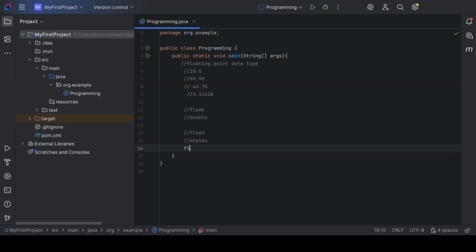For example, float price equals 99.99F. Notice the letter F at the end of the value. Without the F suffix, Java treats decimal numbers as double by default.